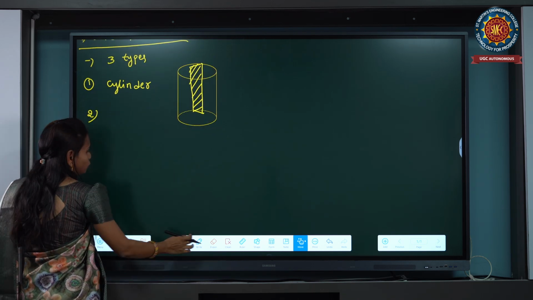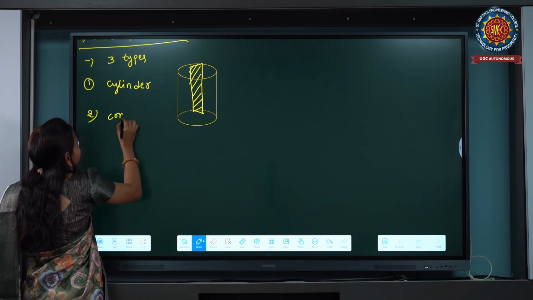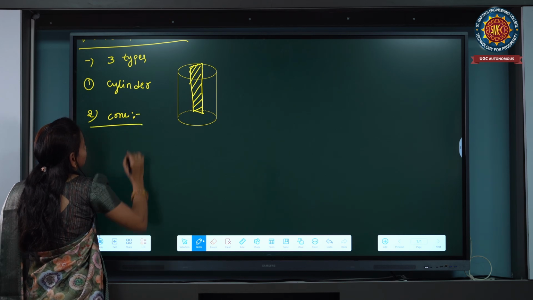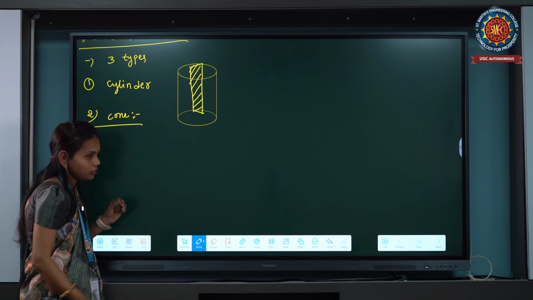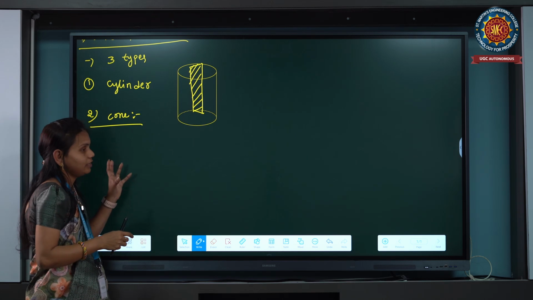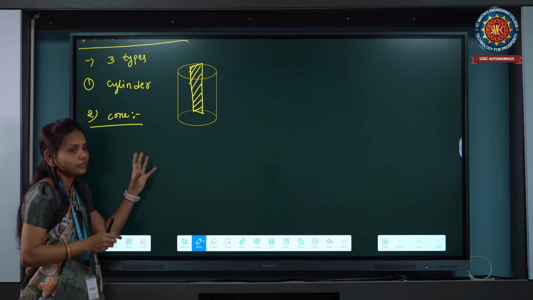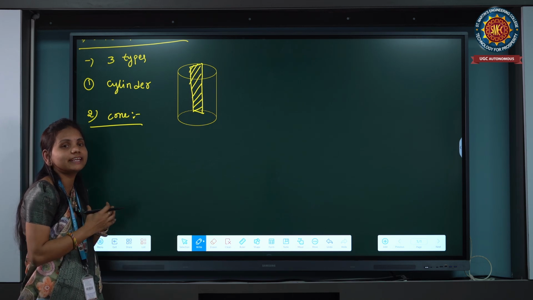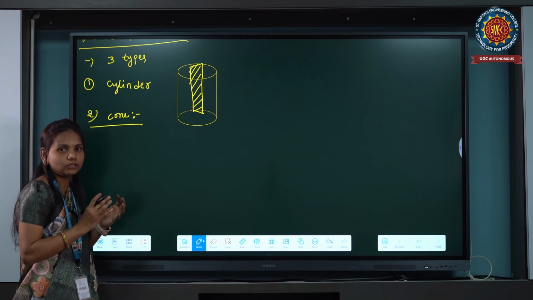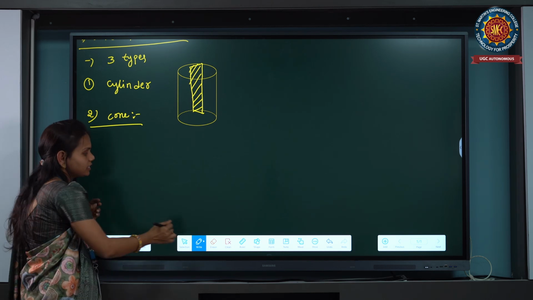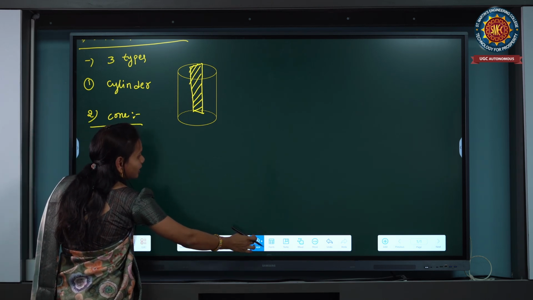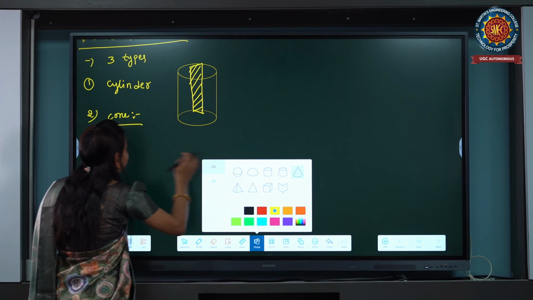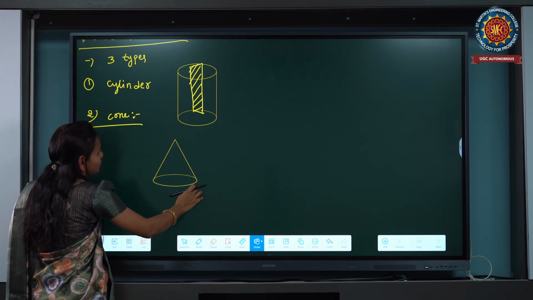Coming to the second one, the cone. What is a cone? A cone is a solid of revolution obtained by revolving a triangular face about one of its sides fixed. Here I am taking a cone.